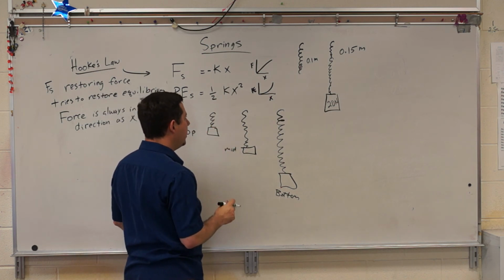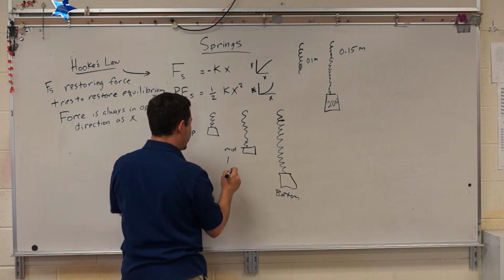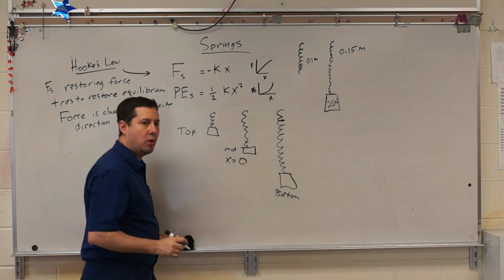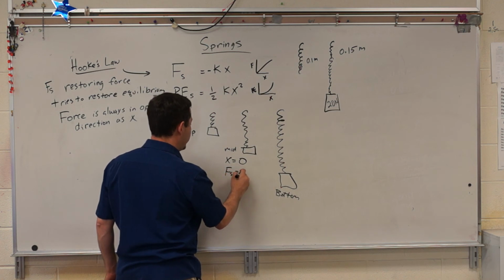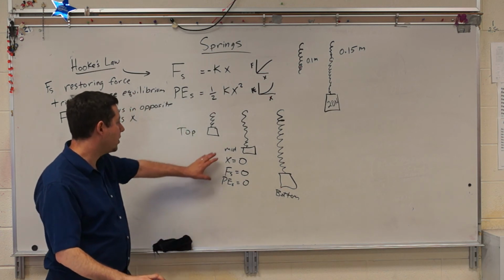At the middle, it would be at its natural length. So in this case, it's at its equilibrium length, so x equals 0. And because x equals 0, the spring force would equal 0, and the potential energy of the spring would also equal 0 if x is 0.